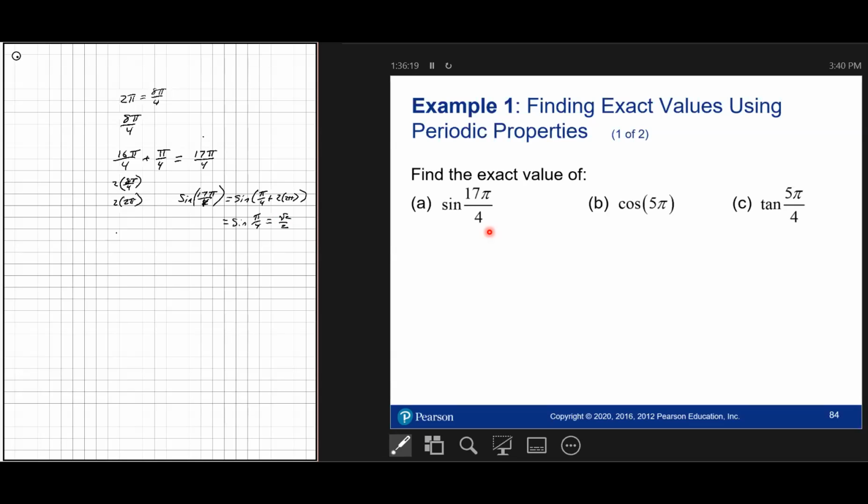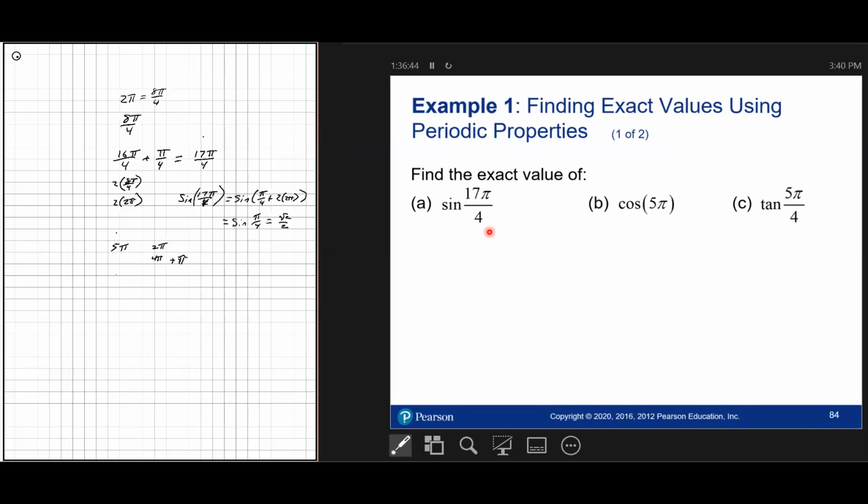With letter B, we're going to do the same thing, except 5 pi, the period is 2 pi, and so the next one is 4. And since I'm dealing with integer values for the pi, then 4 pi is 1 less than that, so I'm just going to add pi to 4 pi.